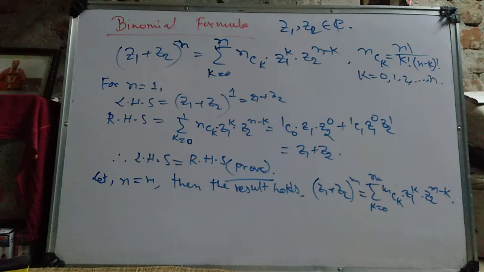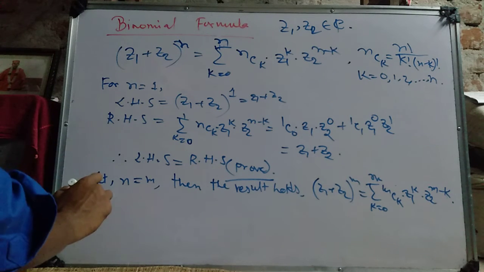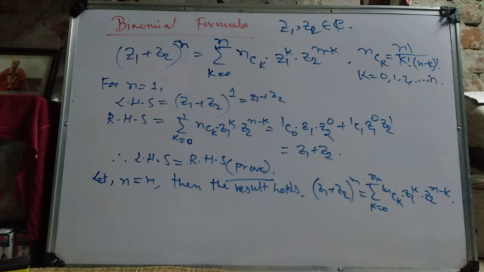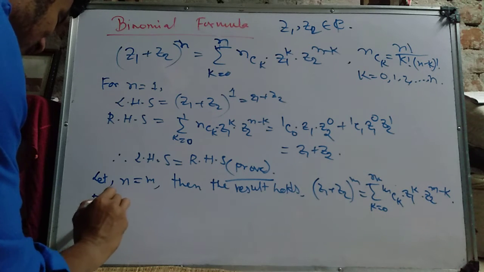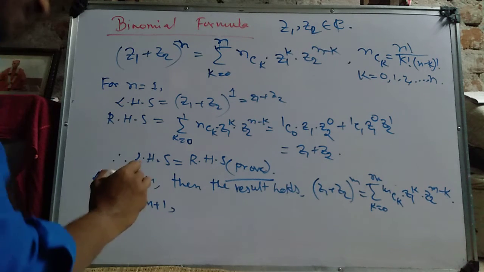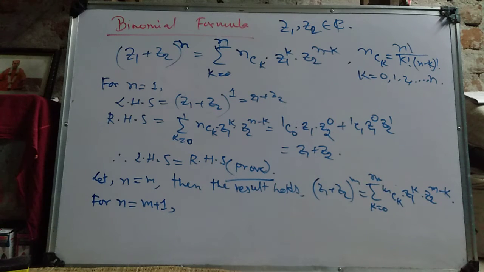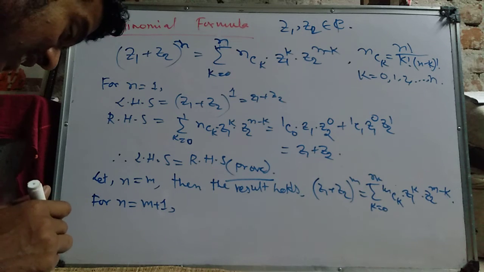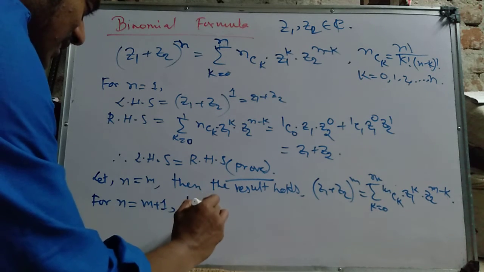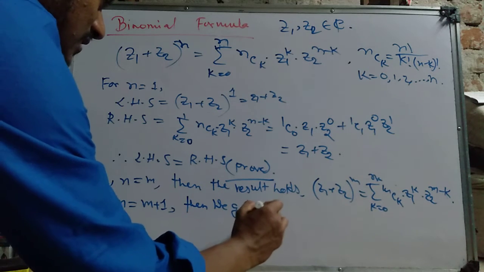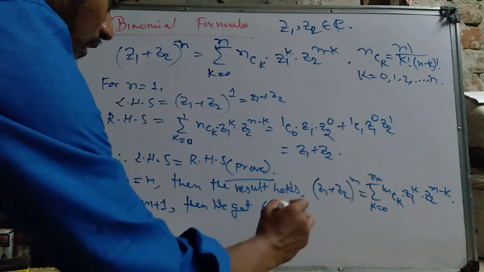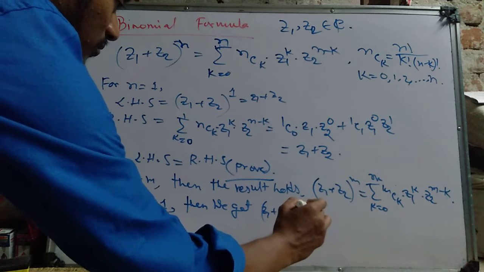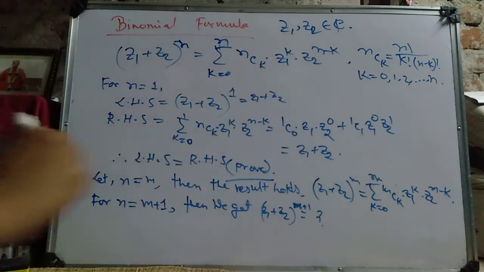So we proceed further. Now we also check for n equal to m plus 1. Then we get (z1 + z2)^(m+1), and we have to prove this one.